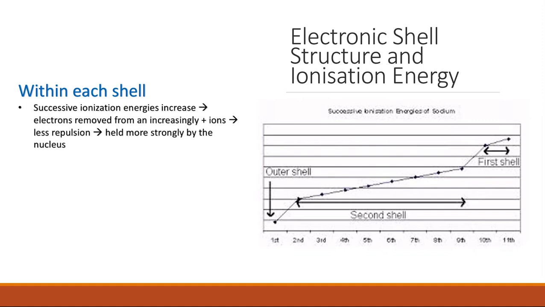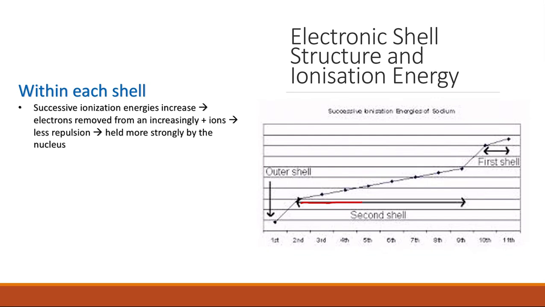This is now a positively charged ion, which means the electrons in the outer shell will be more attracted to the nucleus. There will be fewer electrons, so there will be less shielding or repulsion between the electrons as well. So they will be held more strongly. So this is across the shell.